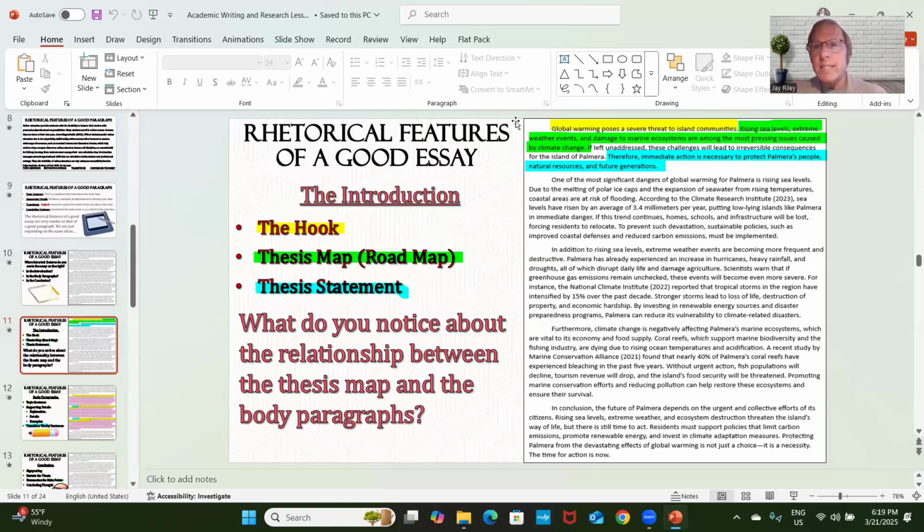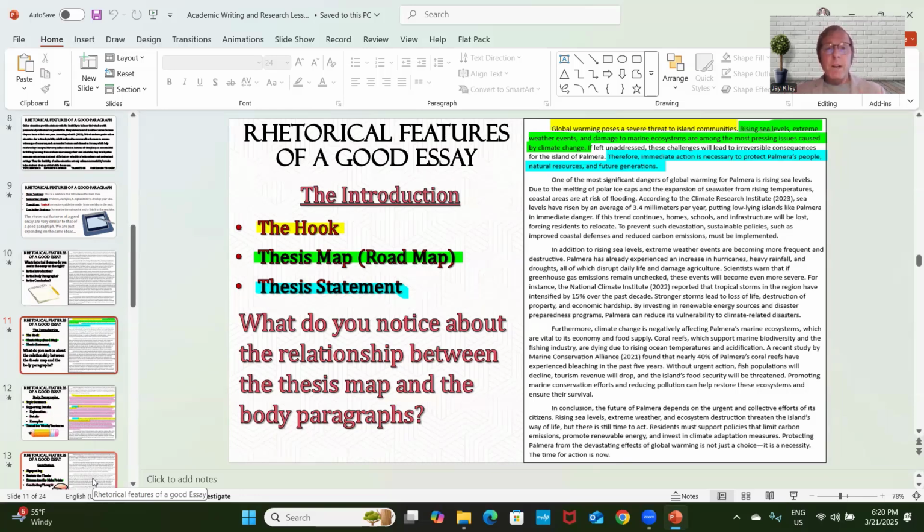When we look at the green here, rising sea levels, extreme weather events, and damage to marine ecosystems. These are the three big points that this author is going to discuss throughout the essay. That's our thesis map. I often think of it like a roadmap. It tells me where I'm going, right? When I read that, I say, okay, this is what he's going to talk about or she's going to talk about.